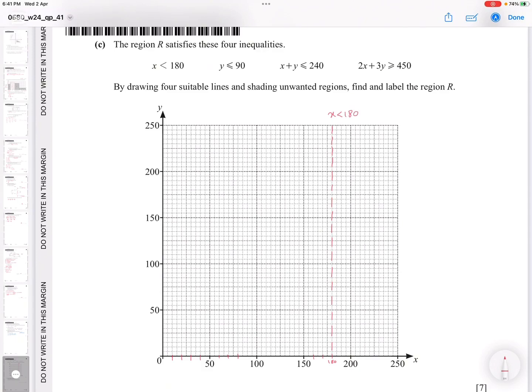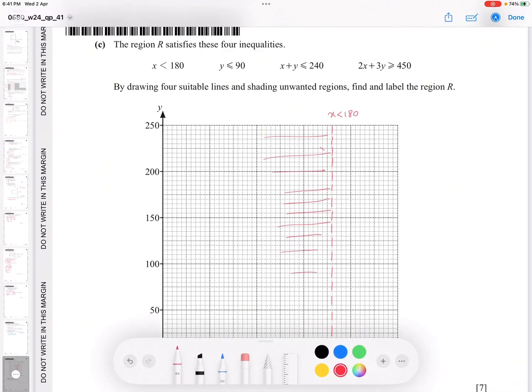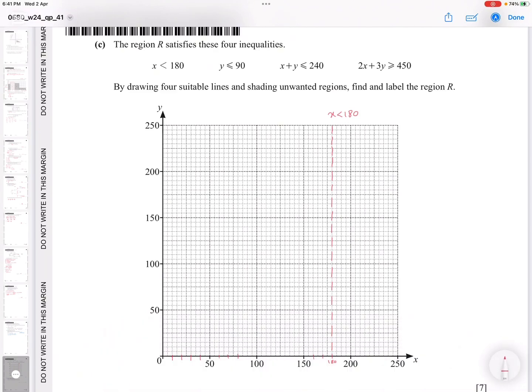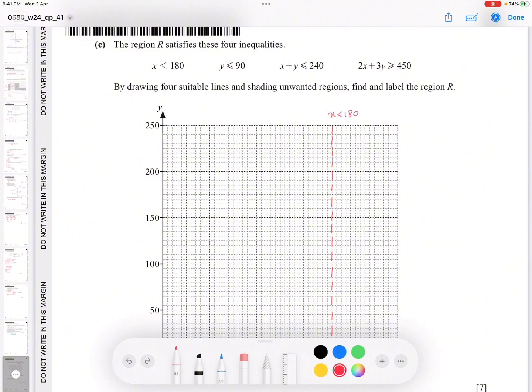The wanted region is on the left side, because x is less than 180 on the left side. The values are decreasing on the left side. So we have to shade the unwanted region, and the unwanted region is on the right side. So you can shade this.